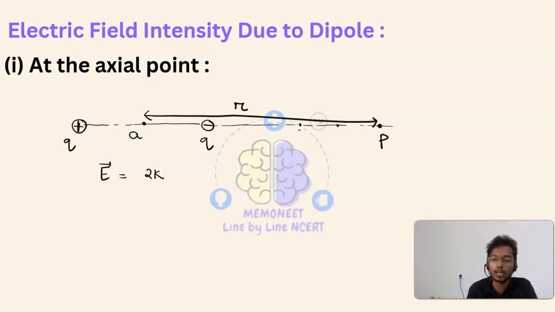So this is 2k p vector upon r cube. Okay, so this is the expression for the electric field at the axial point.